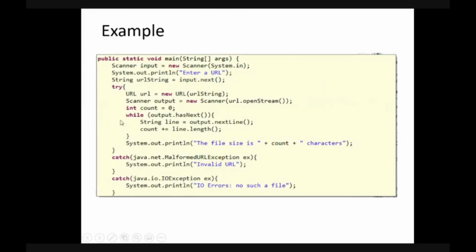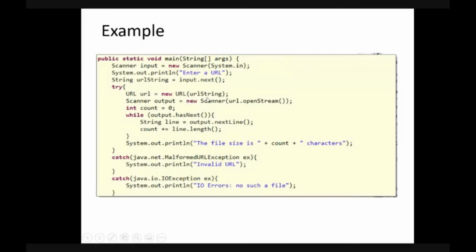Special for URL, we are using this try. We check invalid URL, input output errors, no such file. We first ask in the console for the URL. You enter the URL. Then you assign that to a URL string.